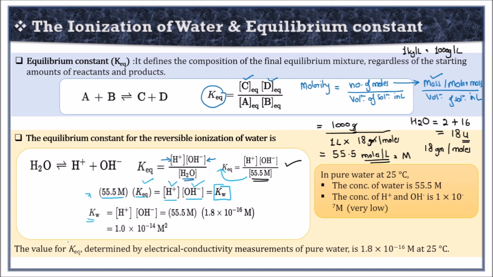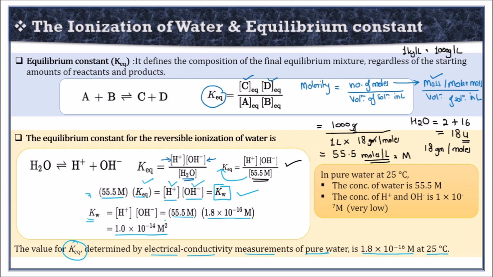We can determine K equivalent by electrical conductivity measurement of pure water, and from that we know that the value of K equivalent is 1.8 into 10 to the power minus 16 molar at 25°C, that means at room temperature. By simply putting this value in this equation, we get 55.5 molar into 1.8 into 10 to the power minus 16 molar, and from this we get 1 into 10 to the power minus 14 molar square.